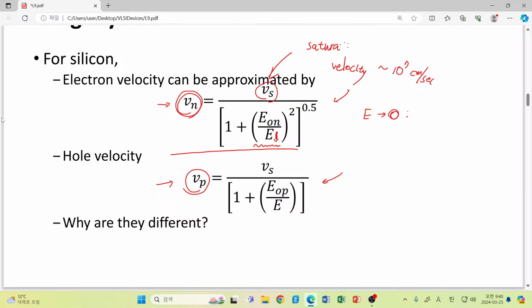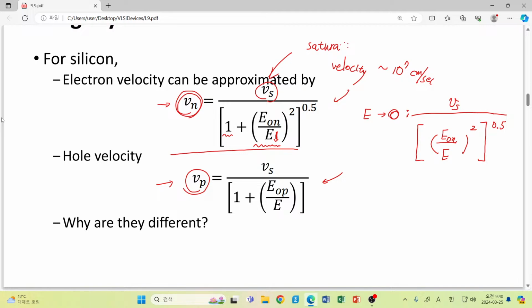So compared with this fixed number 1, which one will be dominant? Of course this ratio will be dominant. So let me write it down this way. Previously we had 1 here, but that's just neglected. Now we have just the square of this ratio, and take the square root.